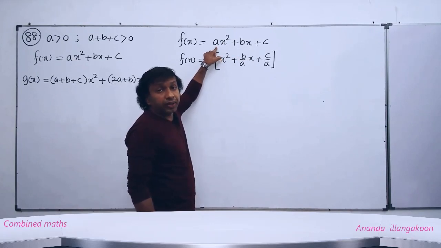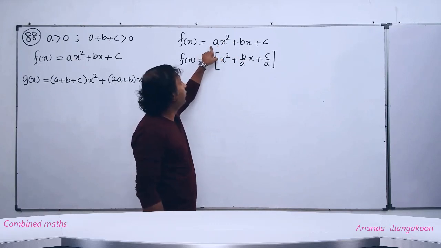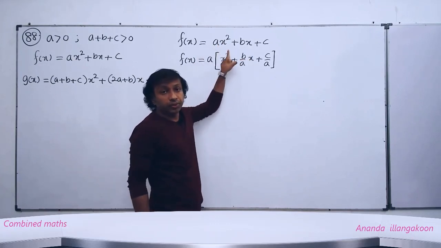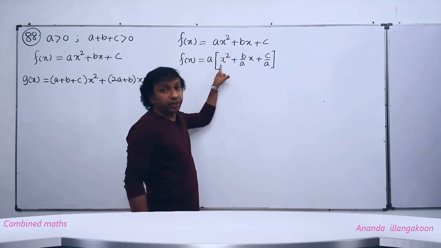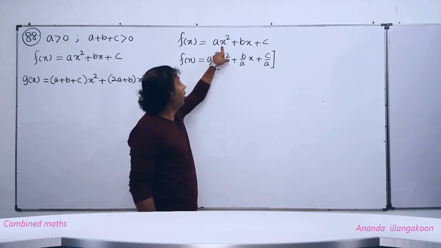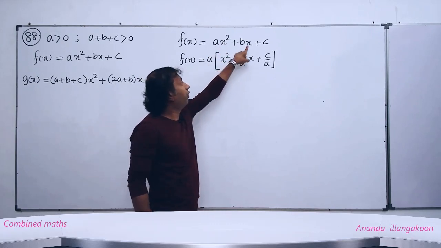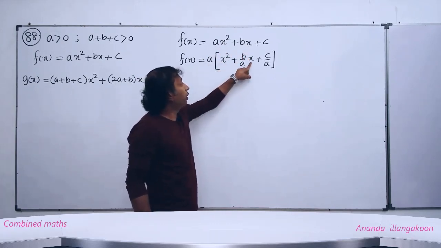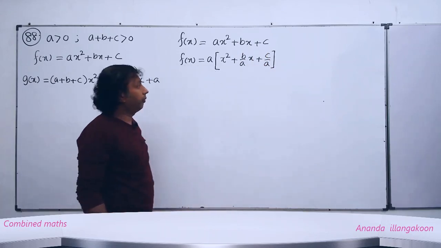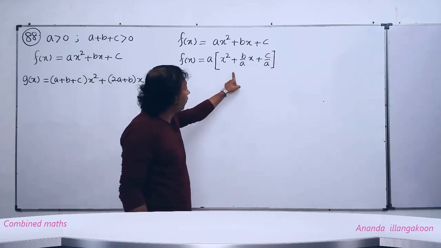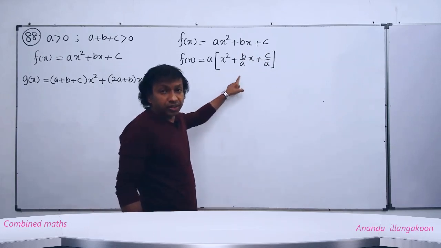In order to make that x squared coefficient 1, I take this a out from these 3 terms. Once you take a out, people, all these 3 terms you should divide by this a. Then when you divide this by a, we get only x squared. When you divide this by a, we get b upon a times x. When you divide this by a, we get c upon a.